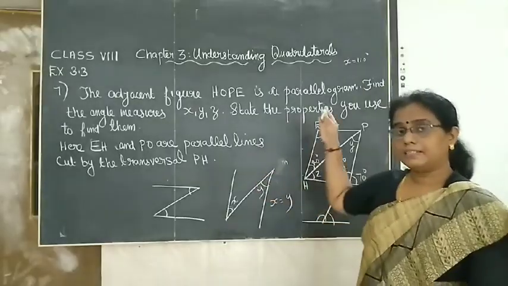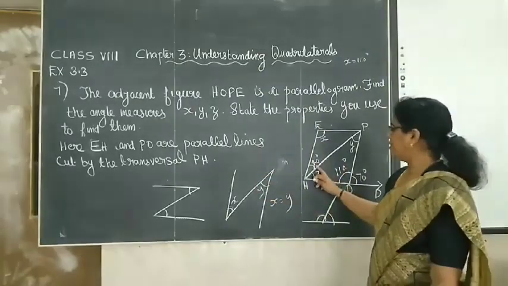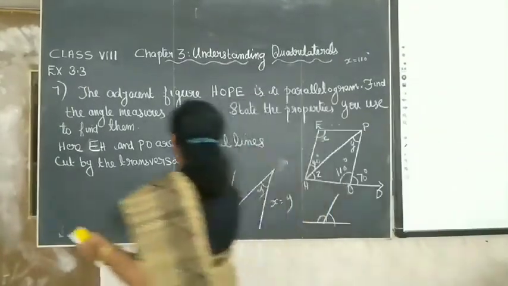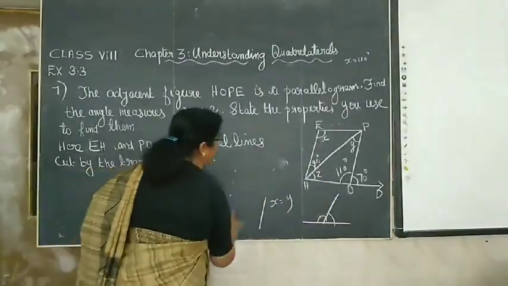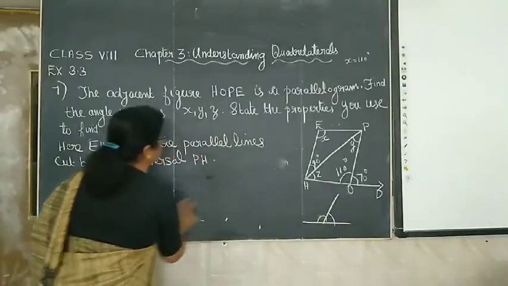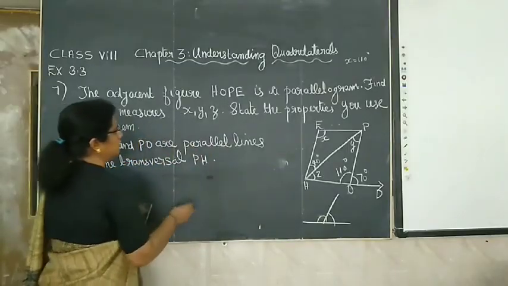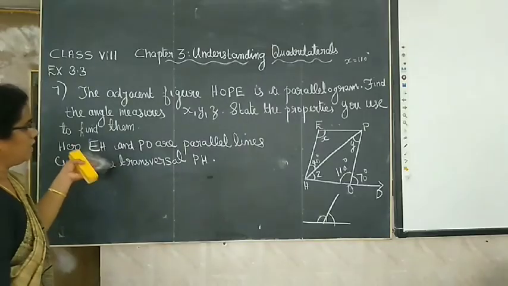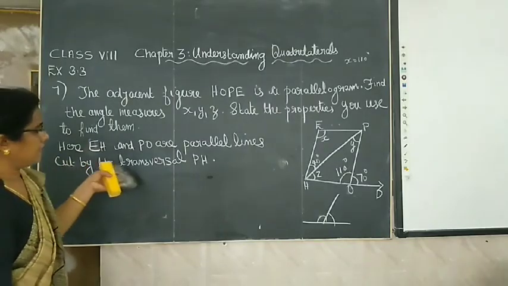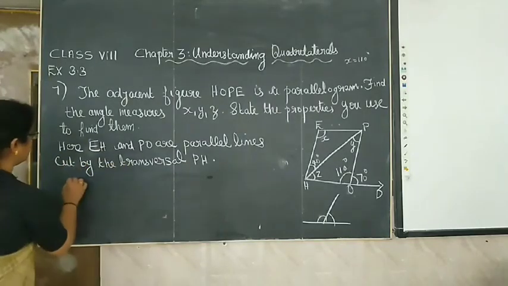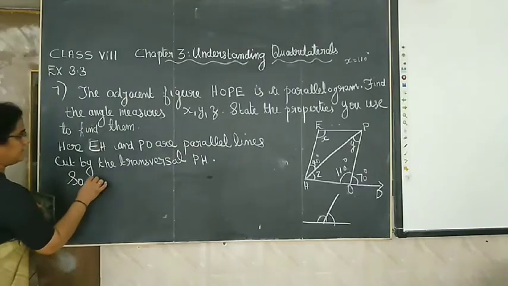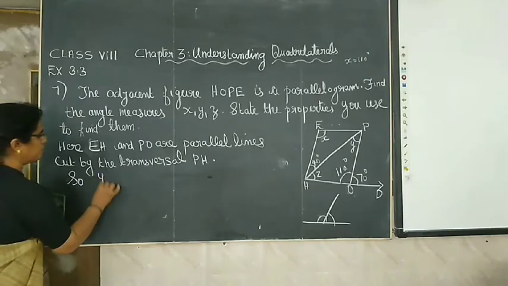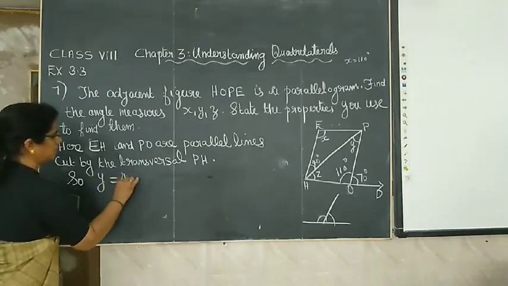This property: if the lines are parallel, alternate interior angles are equal. So we can apply this property here. Here EH and PO are parallel lines cut by the transversal PH. So angle y is equal to 40.